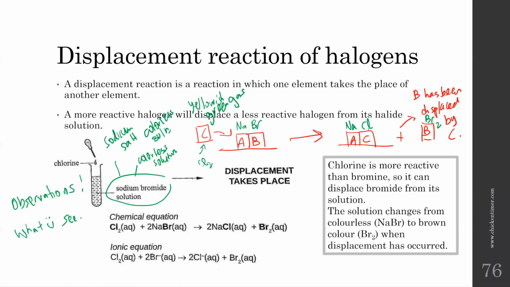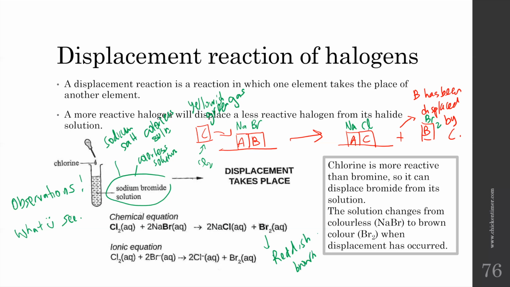I will summarize the colors and give another copy to you later. So sodium bromide is a colorless solution. Then when it gets displaced, bromine turns out. Bromine is a reddish brown solution.